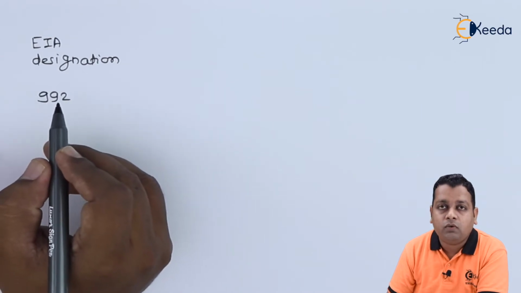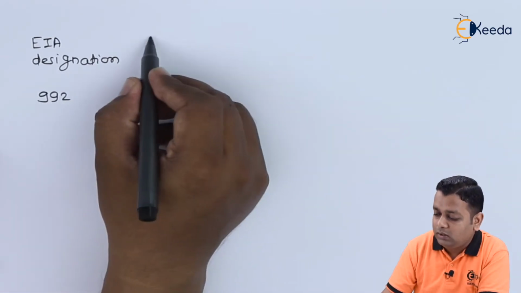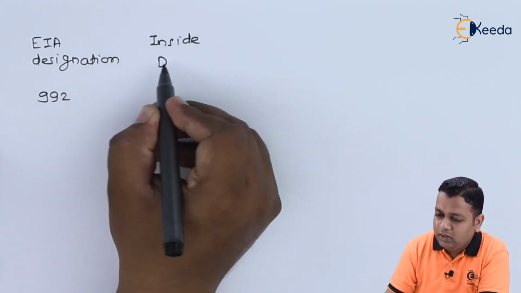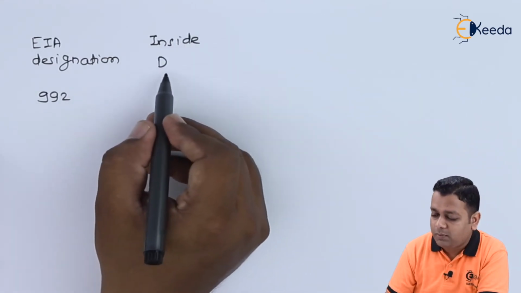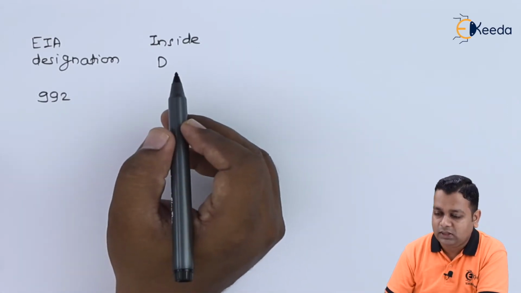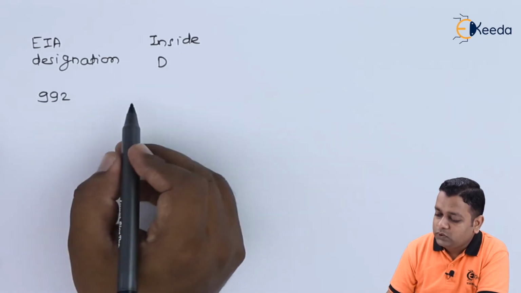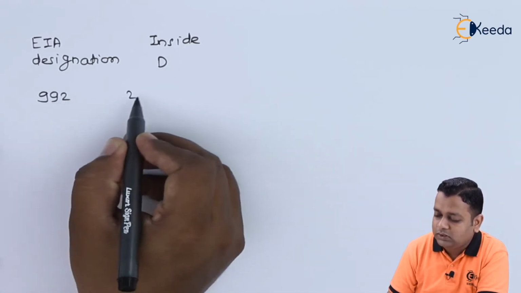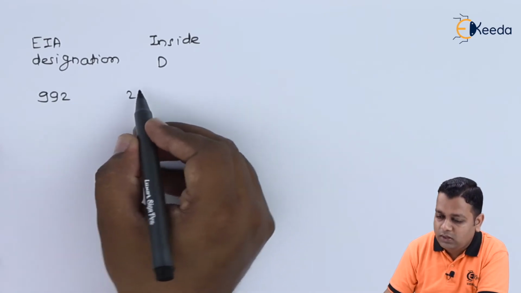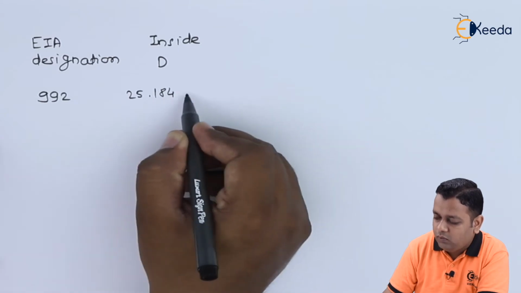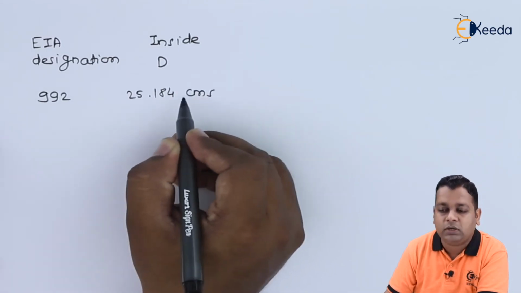So when we talk about the inside diameter here, the inside diameter can simply be represented by capital D. So capital D is equal to twice A, we can say here in the small case. So in terms of centimeters, we have the value for this EIA designation circular waveguide 25.184 in terms of centimeters.